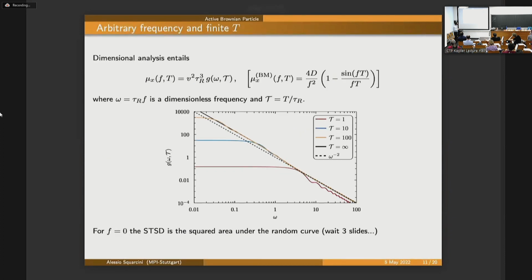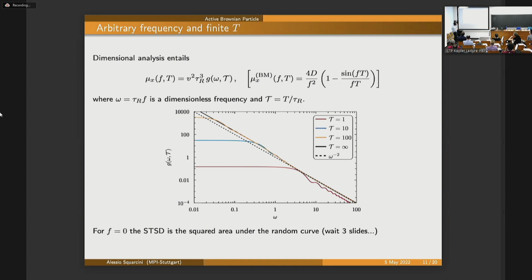And okay, now I can show you what is happening if you keep a finite observation time. In square brackets, you see the results for the pure Brownian motion, which, by the way, is formally identical to the structure factor of an Ising interface trapped onto a strip, but this is a side remark.